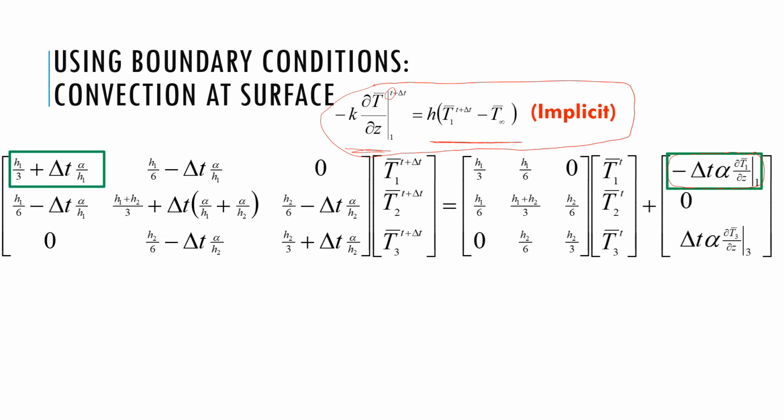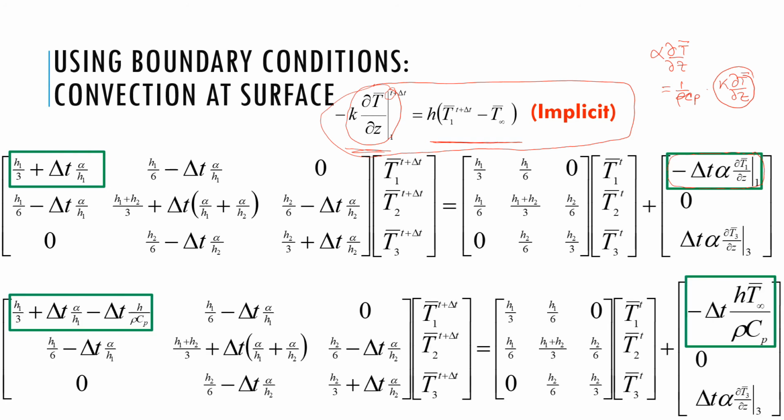Again, we have alpha del T del Z is equal to 1 over rho Cp times K del T del Z. Okay, and this is the part that is given from this boundary condition. So we plug that in, and then eventually, if we do a little bit of simplification, this term changes to this.